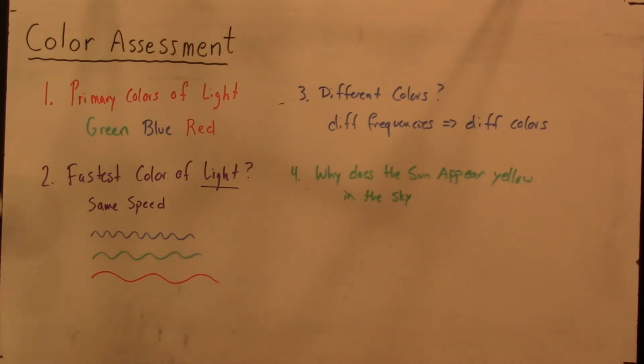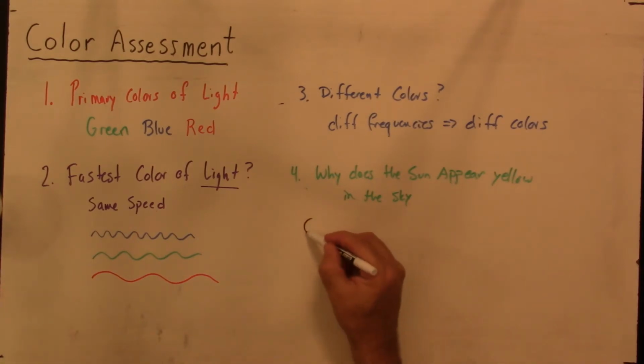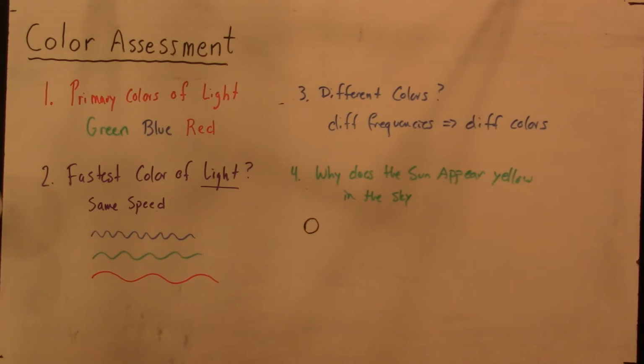So red, blue, and green together would give you white. And so if we think about, here's the sun here, and we'll say it's white, which means it's giving off blue light, red light, and green light.